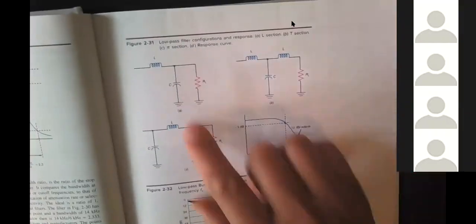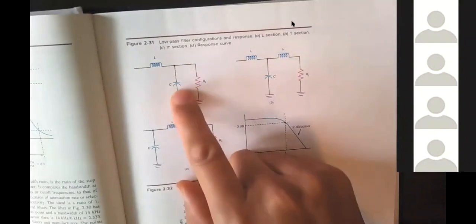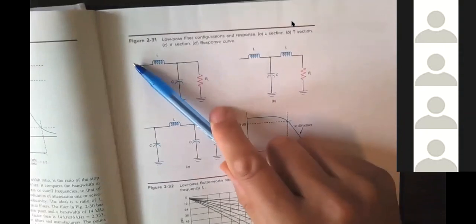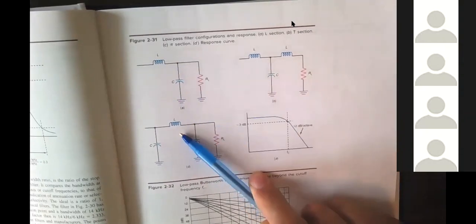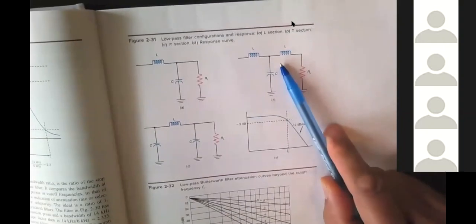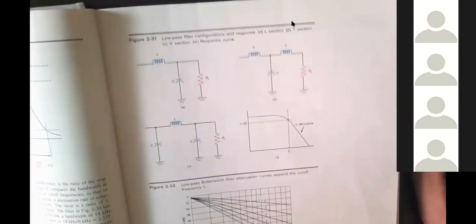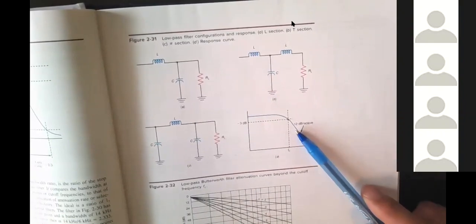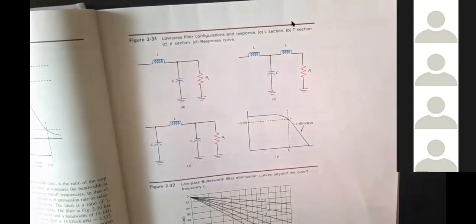That's another filter. So inductors, capacitors, and resistors. This particular one is called the low pass. There are 3 different low pass. What's the difference? What's the difference? Dr. Zhang, yes.